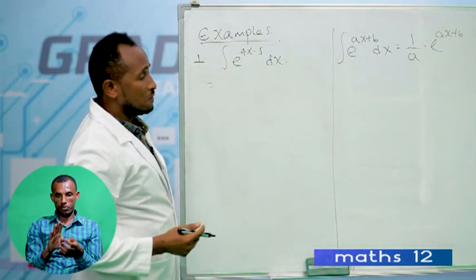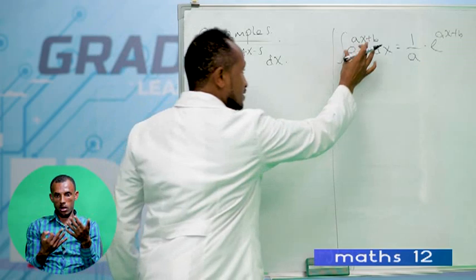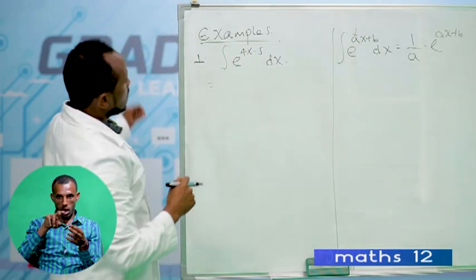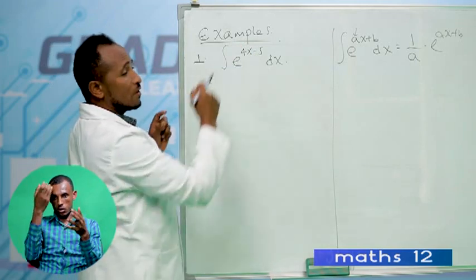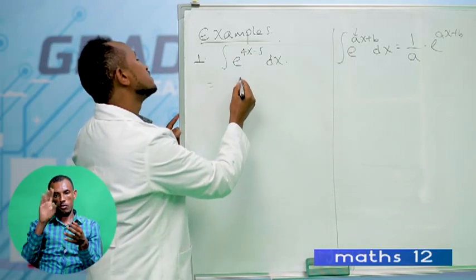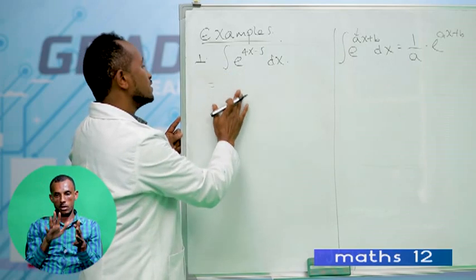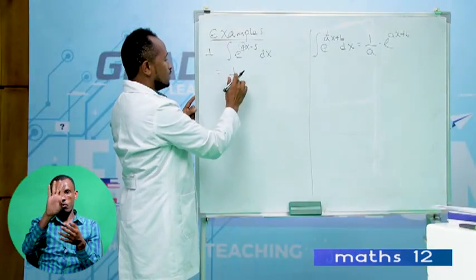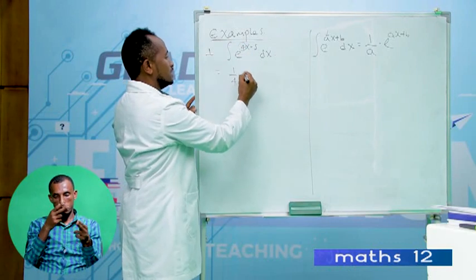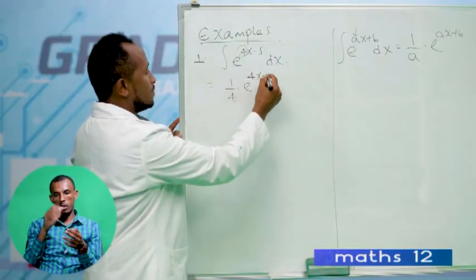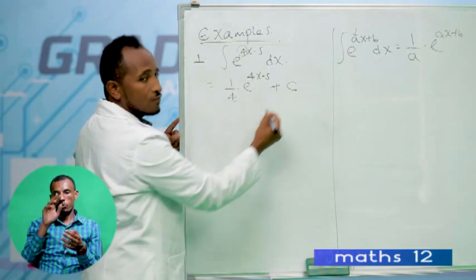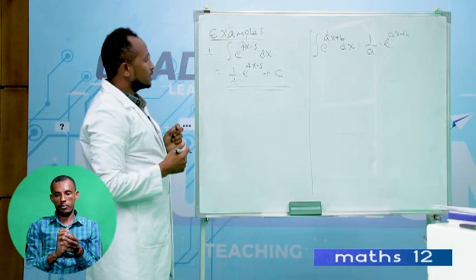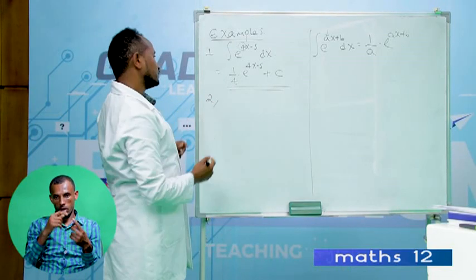So you take the reciprocal of the coefficient in front. The integration of e raised to 4x minus 5 is 1 over 4 times e raised to 4x minus 5, and don't forget the integration constant. So this is it.